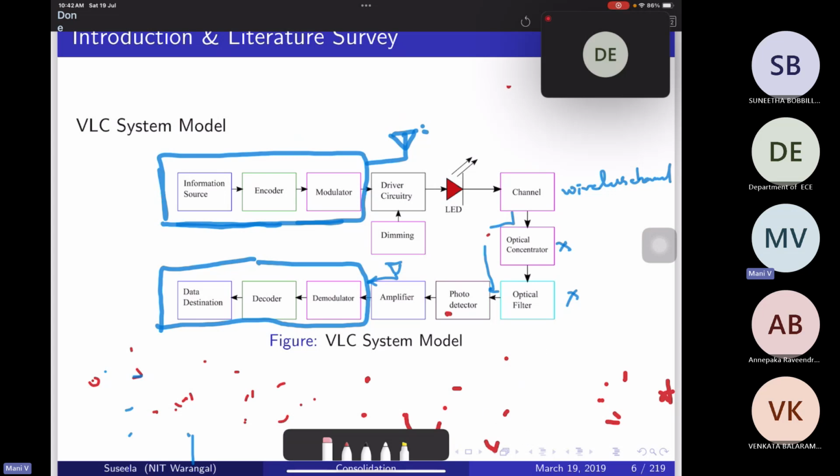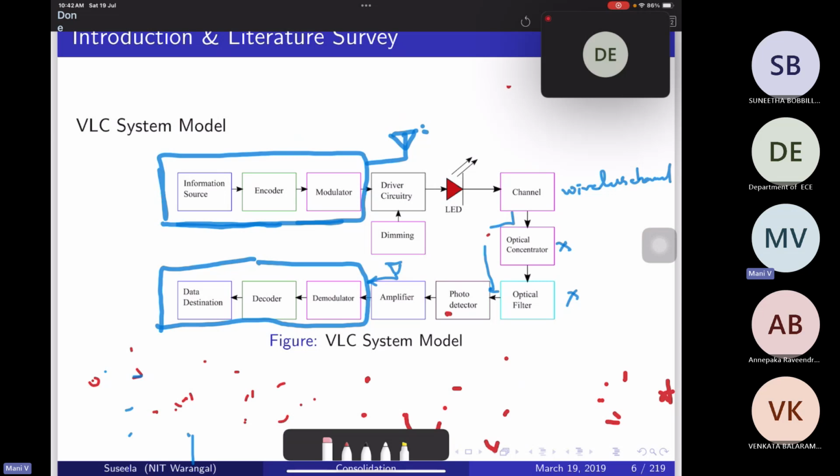Now, the system model we have to develop for this communication system. You have already completed your analog communication and digital communication courses, right? You have already learned that we need to give some information to the source, then it is encoded. Encoding means analog information is converted into digital information. After converting into digital information, we give it to a modulator.